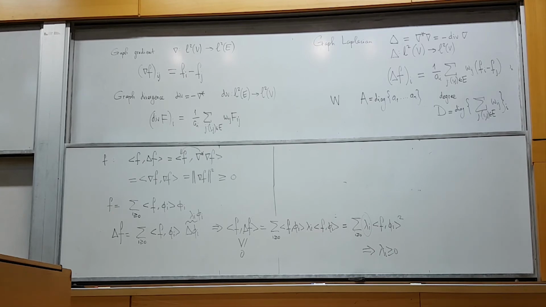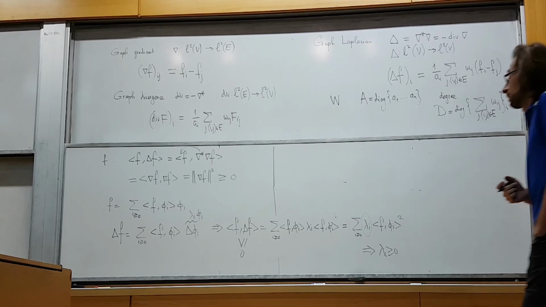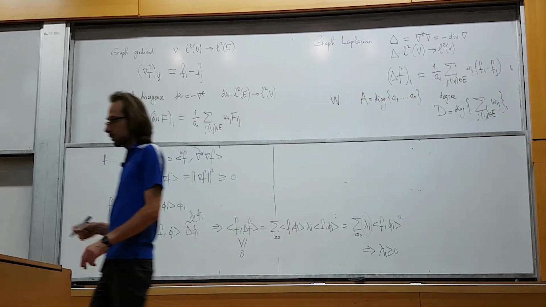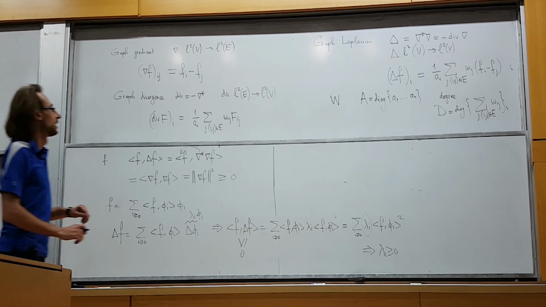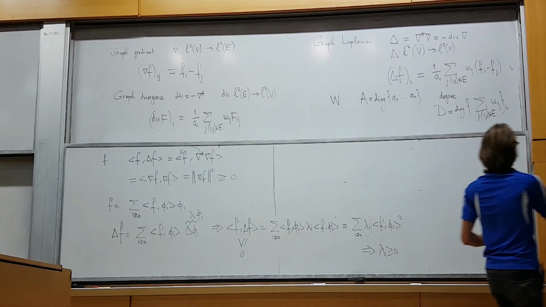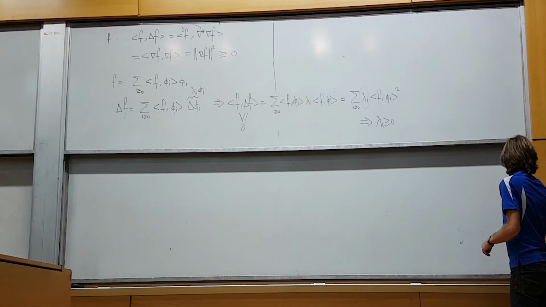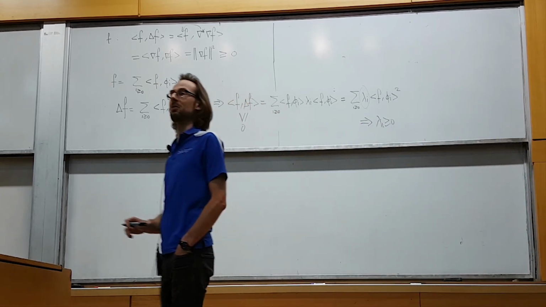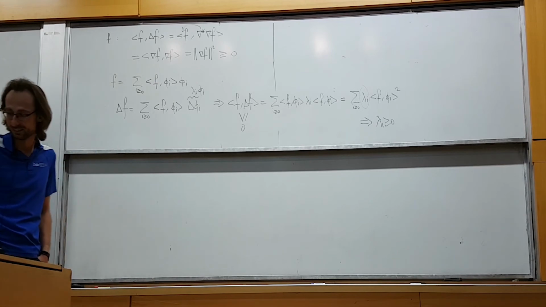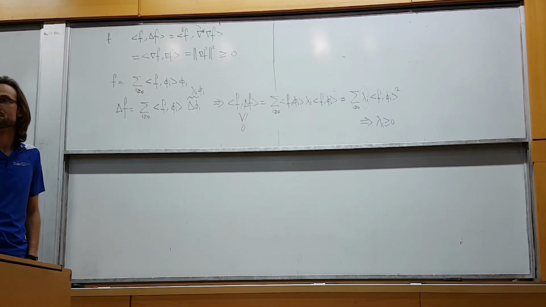Okay? So I have orthogonal eigendecomposition with non-negative spectrum. So basically, I can represent as I did here. By the way, what are the eigenfunctions of the Laplacian in the Euclidean domain? Complex exponential, right?